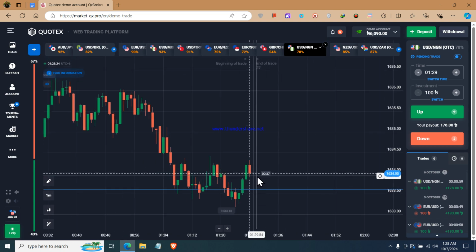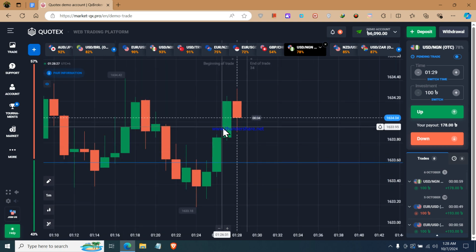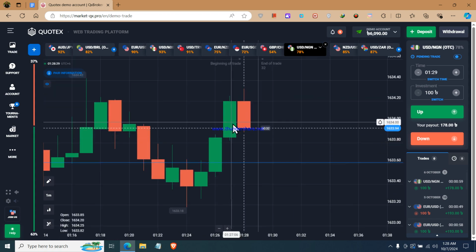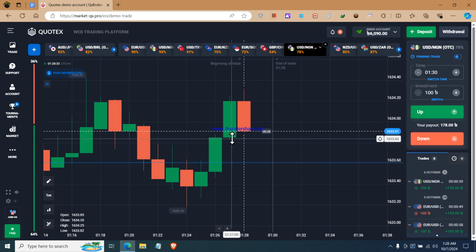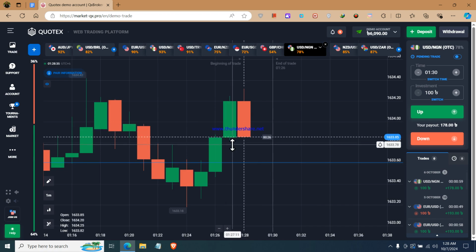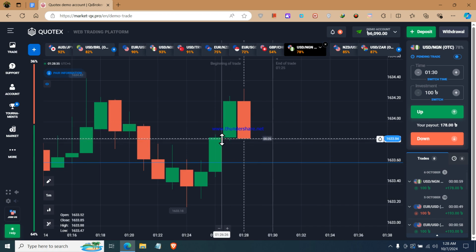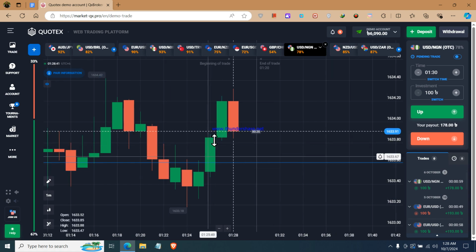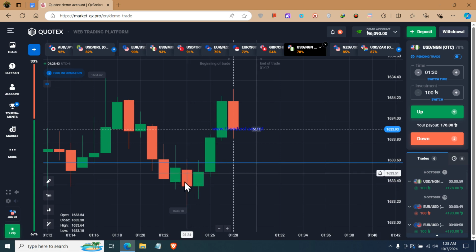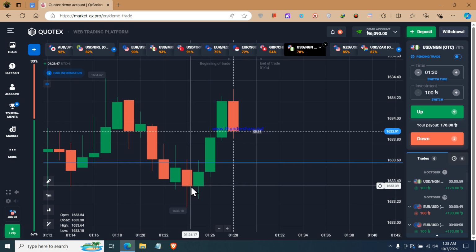Alright, so we are trading on USD NGN, and I had placed a trade here in this candle. You can see it right now, and I placed my trade here because the buyers were strong. The buyers created a W pattern.